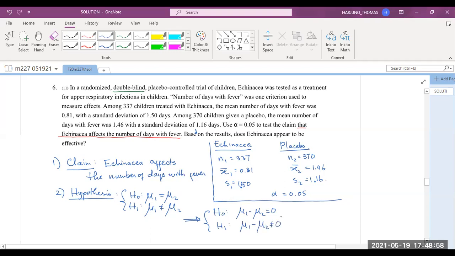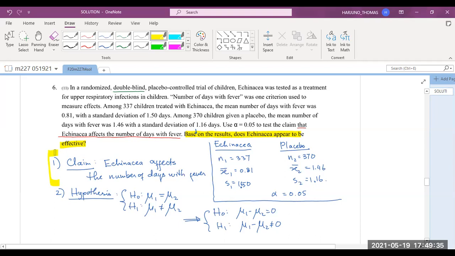Now, what I need you to be aware of is the last sentence: based on the result, does echinacea appear to be effective? When we say echinacea is effective, it means mu1 is less than mu2, the average days with fever is less than the average with placebo. So those are actually two different questions. There are two possible ways to do the claim.